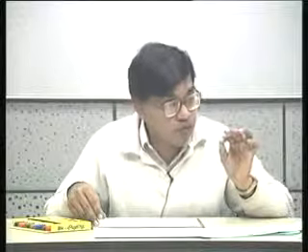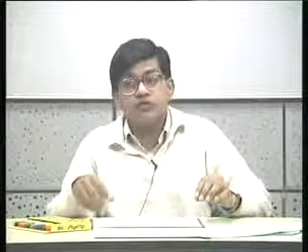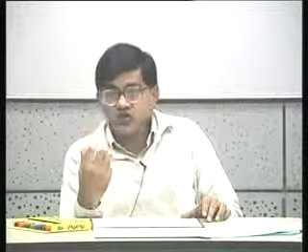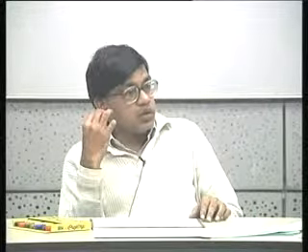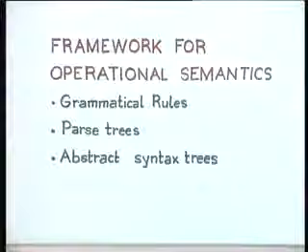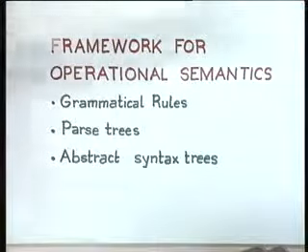Okay. Any kind of semantics of a large program has to be derivable from the semantics of the smaller constructs which make it up. So which means an essential portion of the semantics hinges on being able to use the abstract syntax trees or the grammar rules in order to be able to specify the semantics. Yeah.